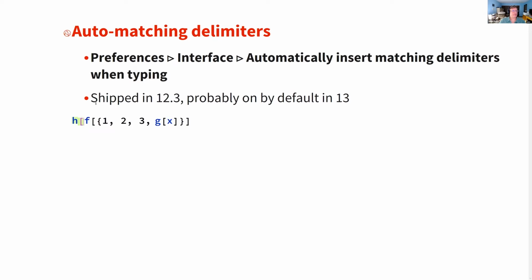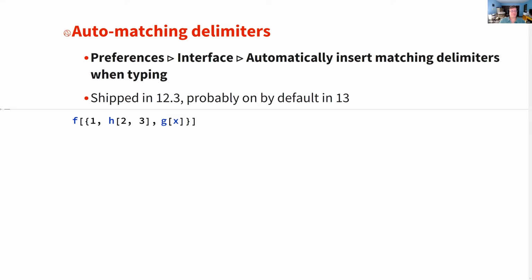Or maybe even if I were to type it inside of here, should it have gone around? Am I typing in a new element? Or am I typing in h of 2? Or maybe I'm typing in h of 2 comma 3. Maybe I'm doing some editing. So this is something that can't be stupid.